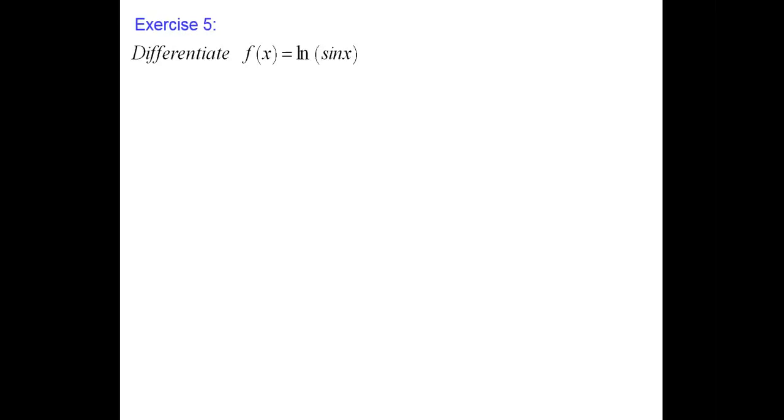Okay, ln of sine of x. The derivative of the natural log is just 1 over this quantity times the derivative of this quantity. Maybe you can answer this: what's the derivative of sine of x? Negative or positive cosine?